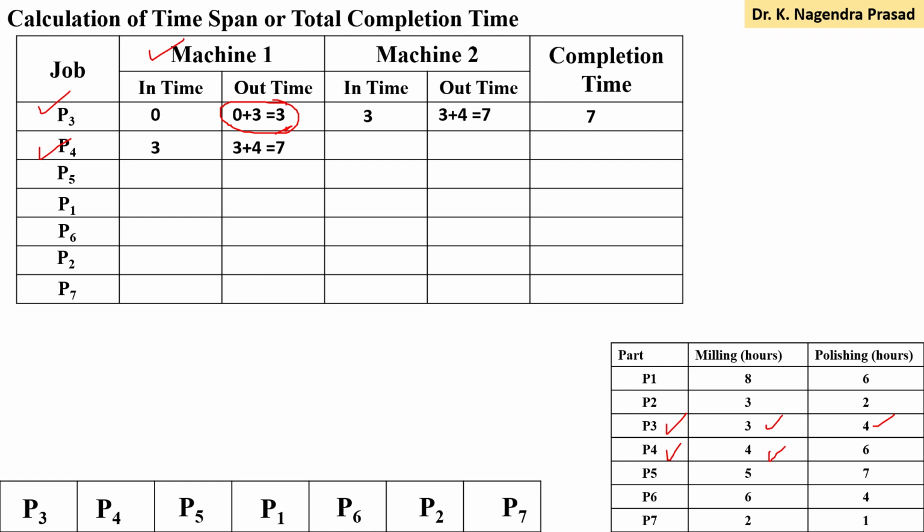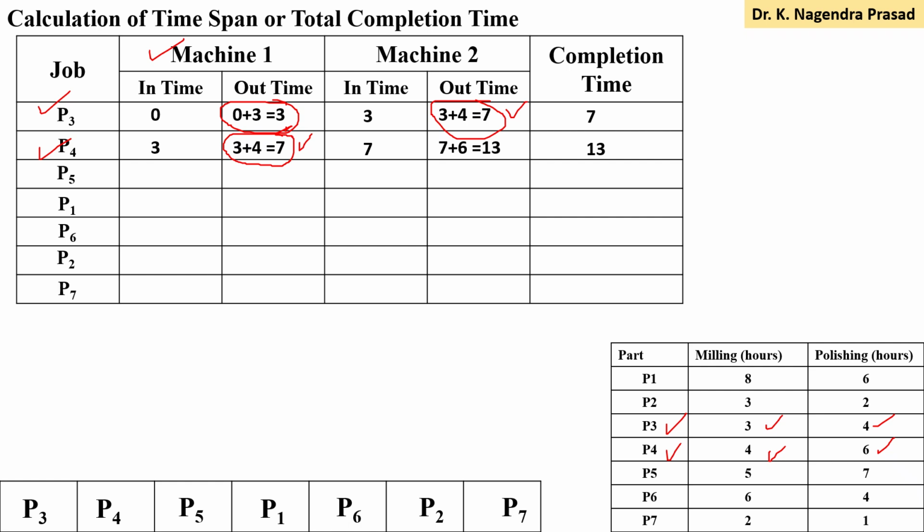Similarly for machine 2, in time is, we have to consider the maximum of the out time of machine 1 as well as the out time of machine 2. Here both are 7 only. So in time is 7 and out time is 7 plus processing time which is 6. So 7 plus 6 is equal to 13 and total completion time is 13.